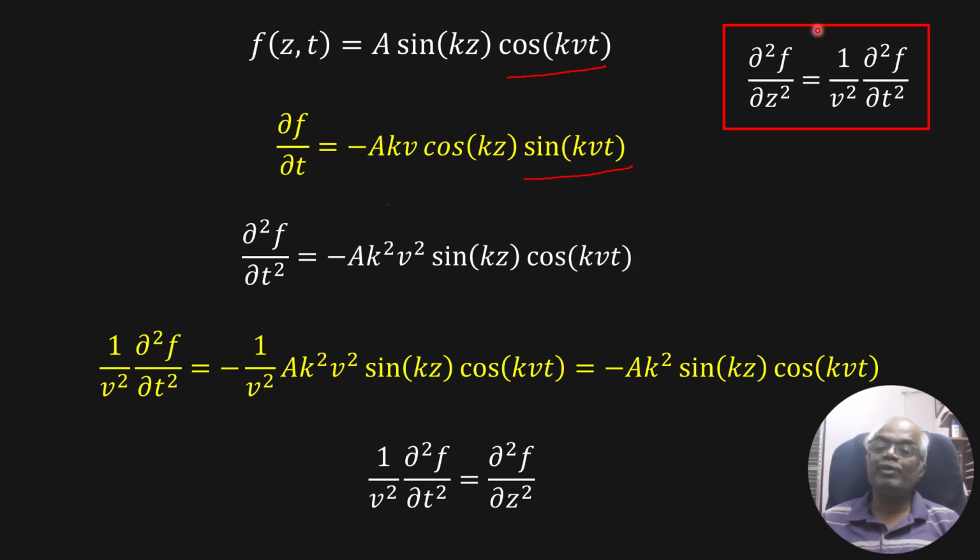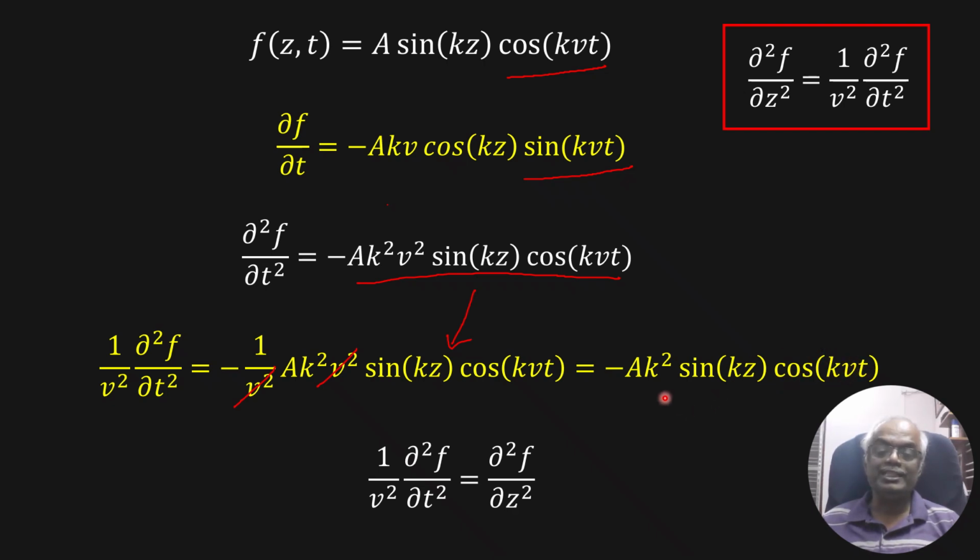Now for the right-hand side, (1/v²) ∂²f/∂t²: the v squared cancels, so you get −A k² sin(kz) cos(kvt).